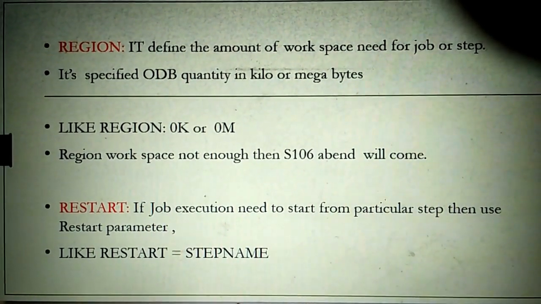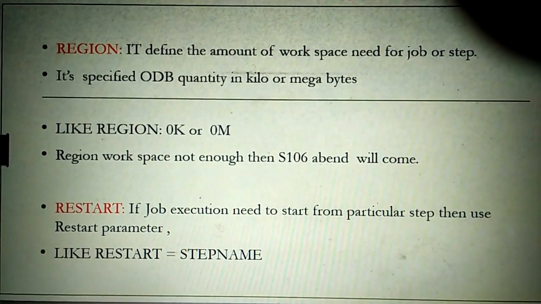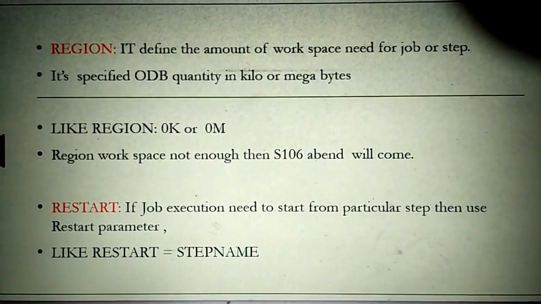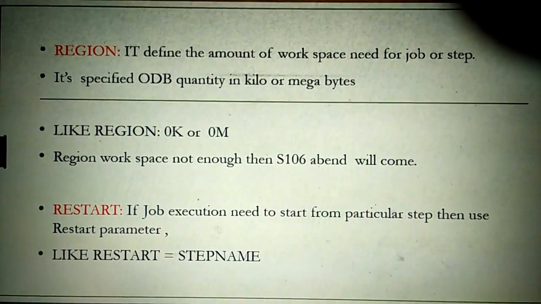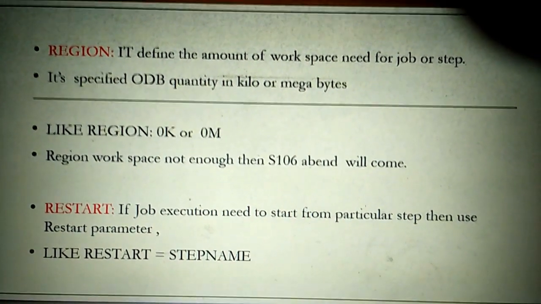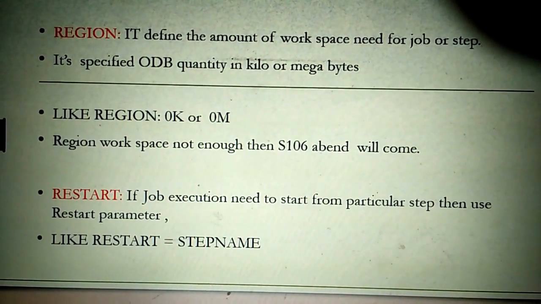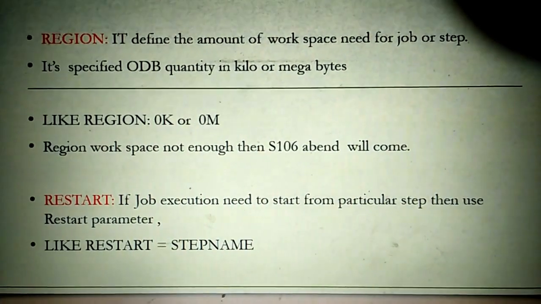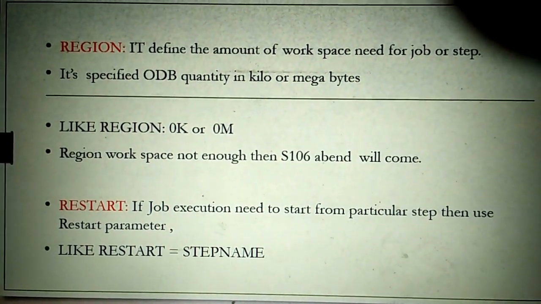So when we are using lots of data that needs to be stored, at that time we need more space. Regularly we do not need much space for all jobs, but for a few jobs with a lot of data we need more space in kilobyte or megabyte quantity. So at that time we go to region. Region is an optional keyword parameter, so sometimes we use it and sometimes we do not.